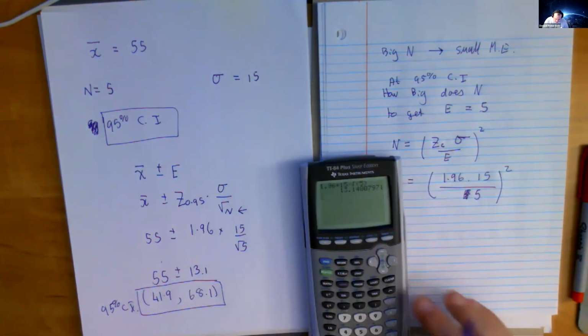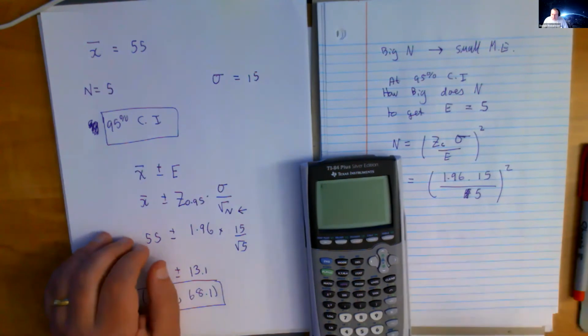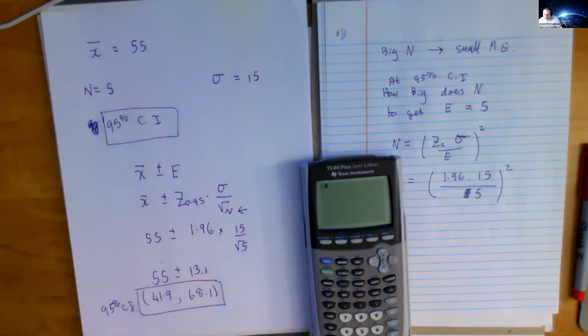So I'm going to get the calculator to do that. It's a good idea to put a bracket first. Actually, it's a good idea to put 2 brackets, although in this case, I think I can get away with 1. Let's just be sure. 1.96 times 15 divided by 5, close brackets, squared.